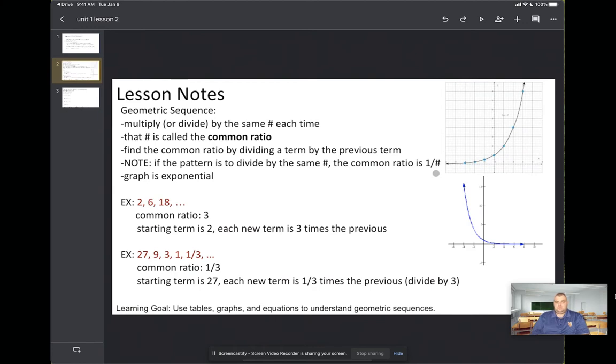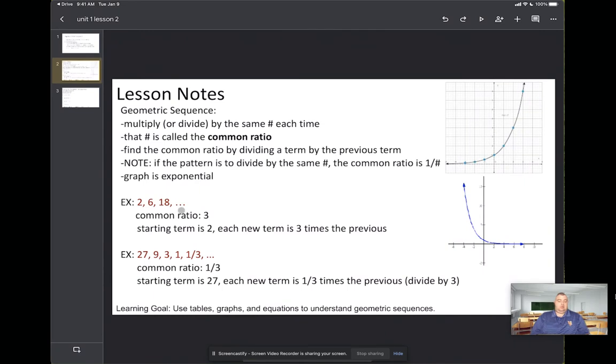The last important characteristic of a geometric sequence is that its graph is exponential in nature. I have off to the side here an example of an exponential graph that is increasing, and an exponential graph that is decreasing.